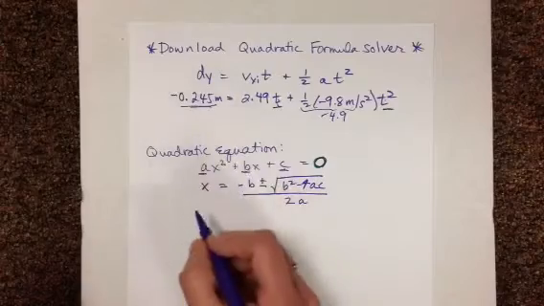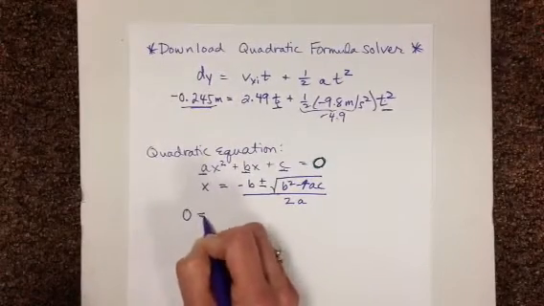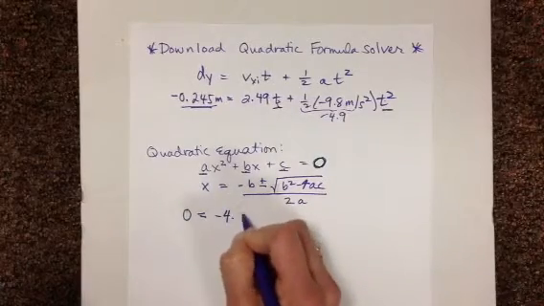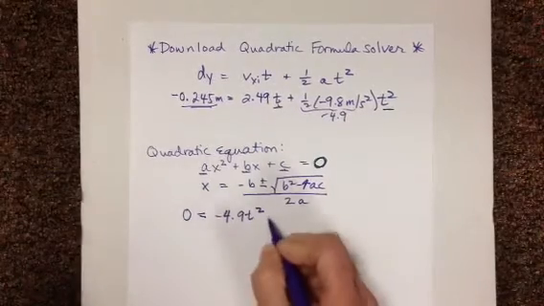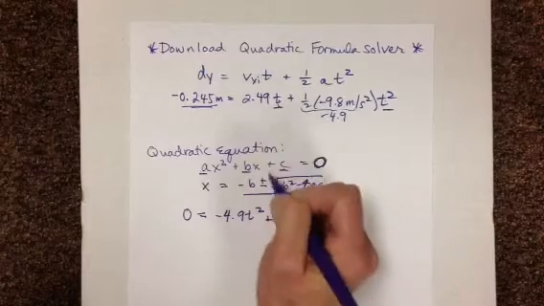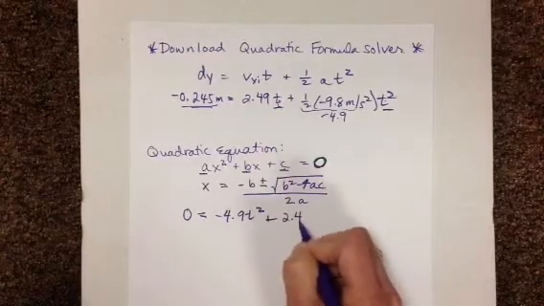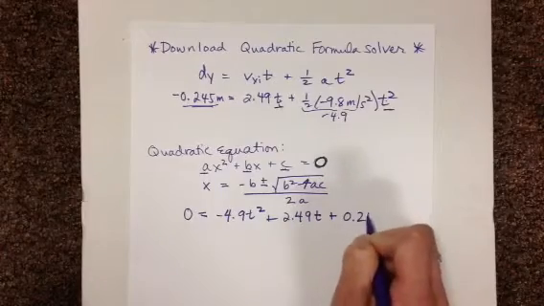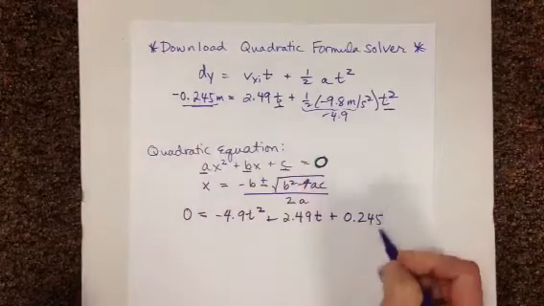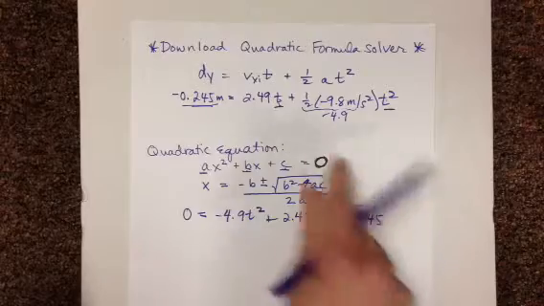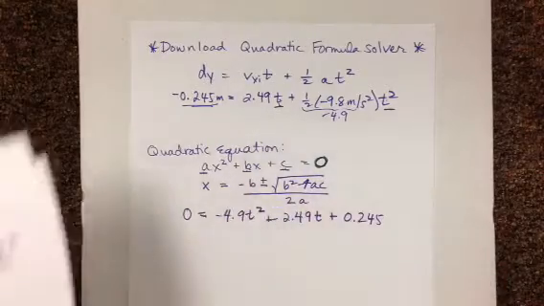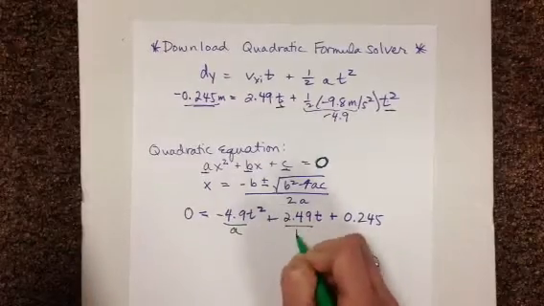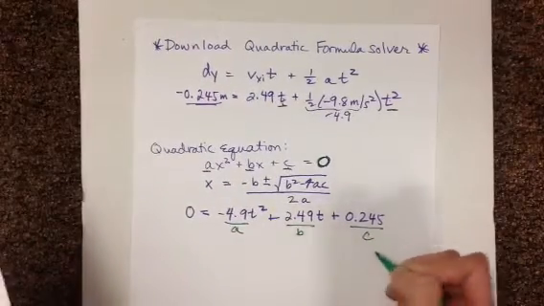So I'm going to say 0 equals, I'm going to take this negative 4.9 t squared plus, this is my t, 2.49 t plus 0.245. I just carried this over to the other side so that I could have this equation equal to 0. So if we take a look at this equation, this is going to be my A, this will be B, and this is my C.